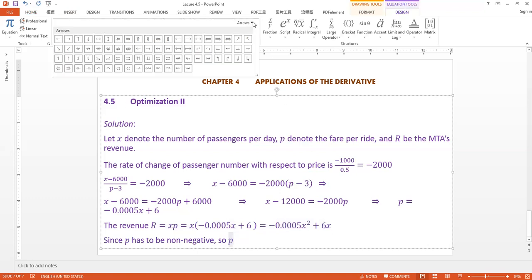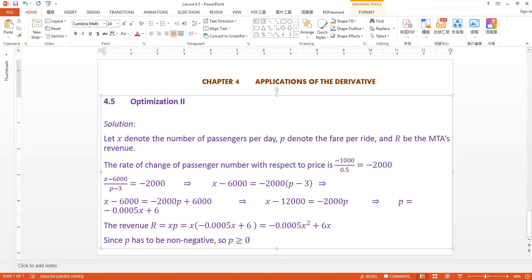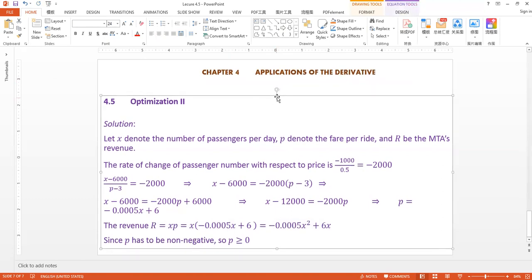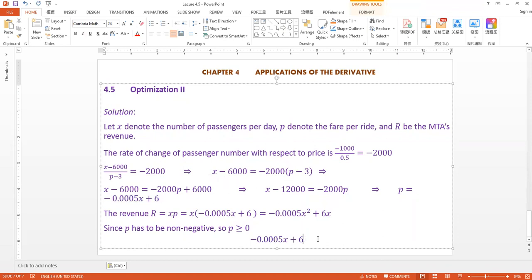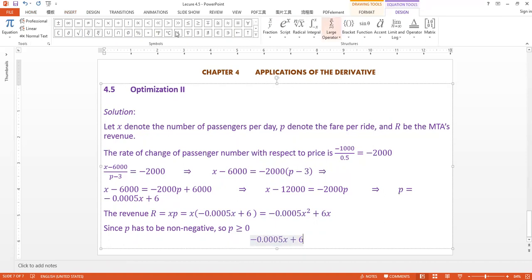Then what do we get? We're going to get this inequality. So this is p, negative 0.005x plus 6. It has to be greater than or equal to 0.